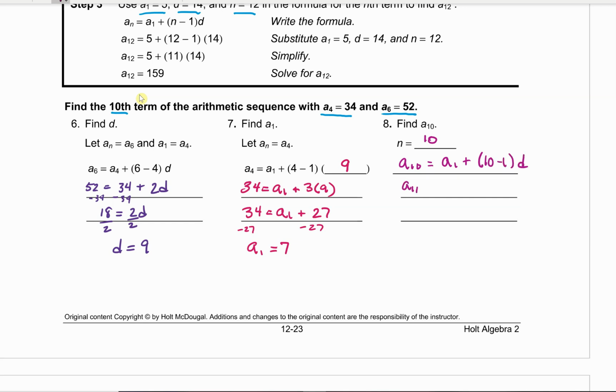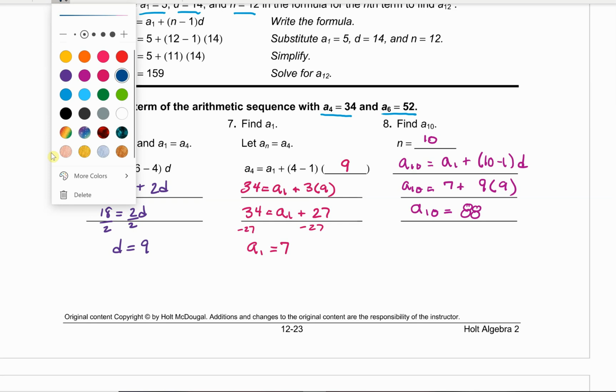So a10 is 7 plus 9 times 9, because d was 9. So 9 times 9 is 81, plus 7 gives us 88.